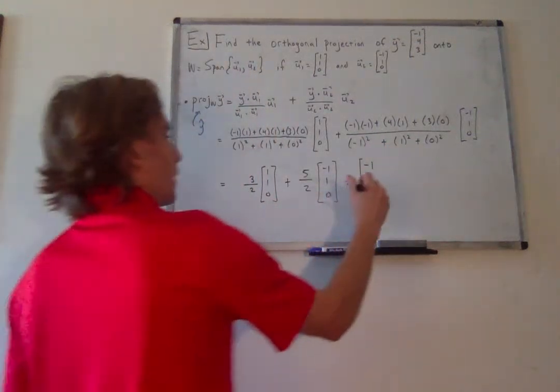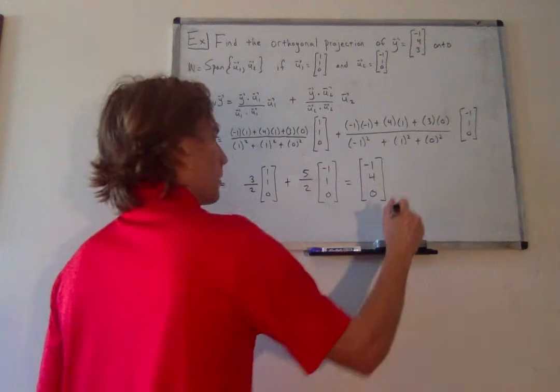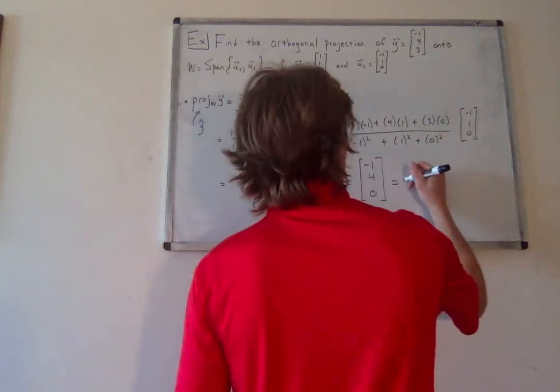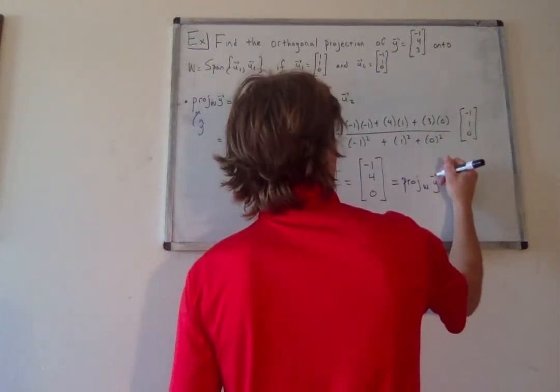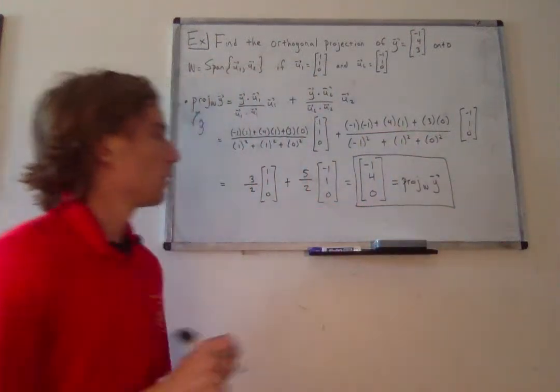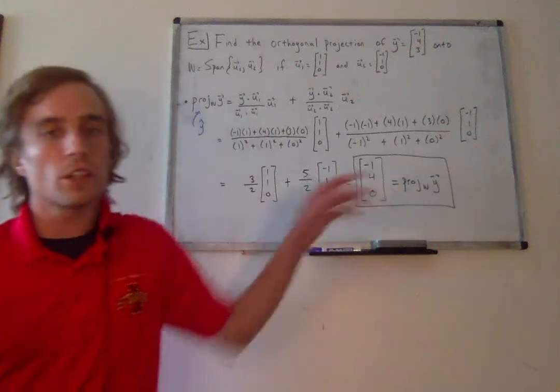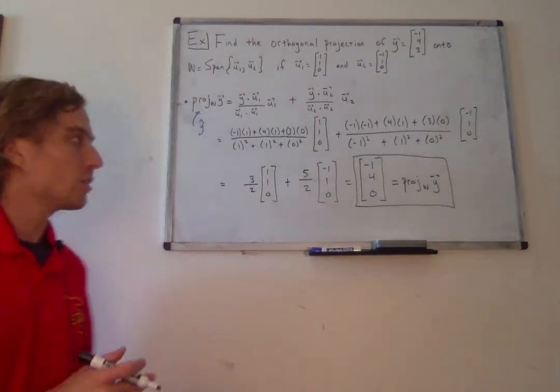And 3 over 2 plus 5 over 2 is 8 over 2, which is equal to 4, and then 0. And so this is the projection of y onto W. Sorry, I always get the order wrong because it's put in the opposite order of the way you say it.